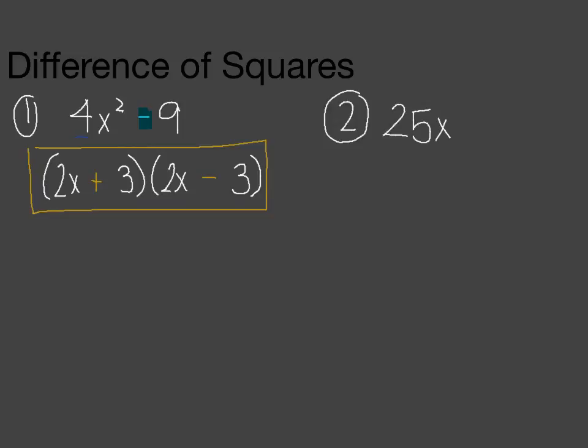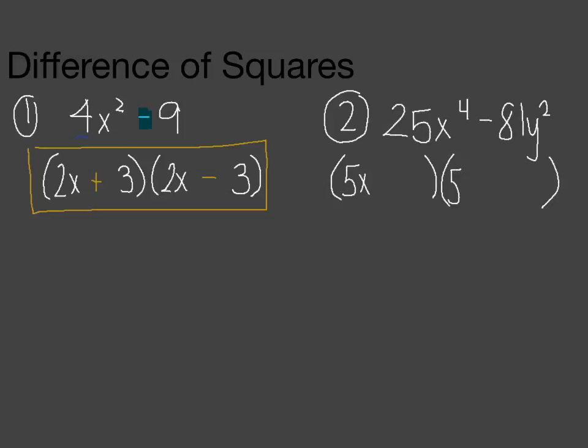25x4 minus 81y squared. Again, I start with my factoring frames. I start from left to right. The perfect square of 25 is 5 times 5.